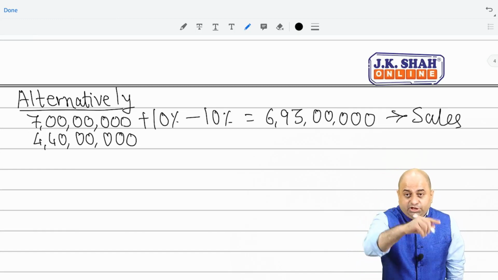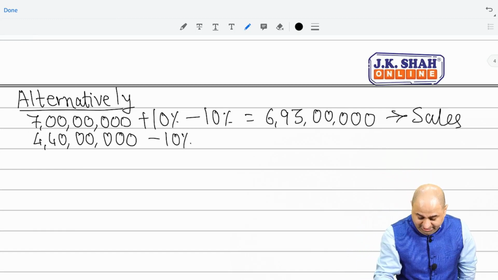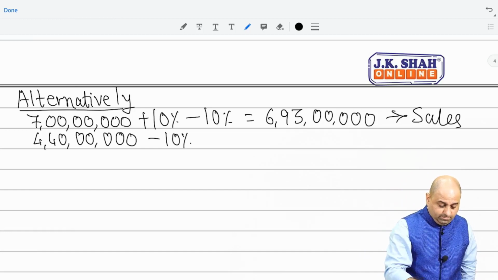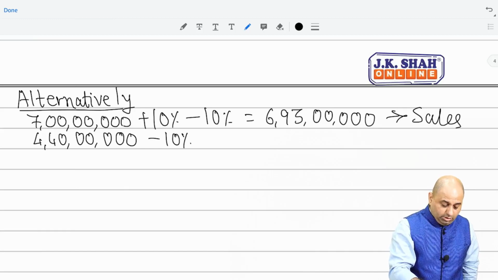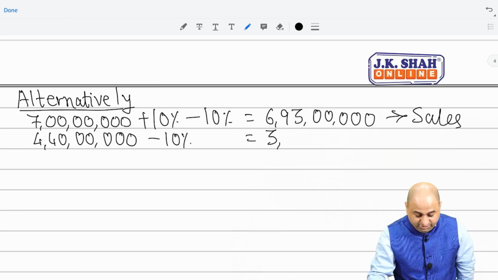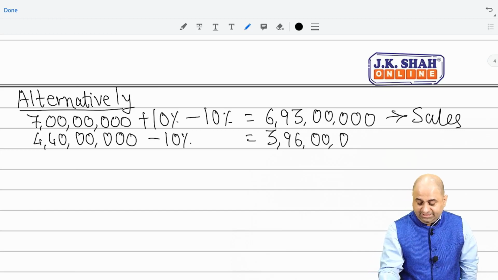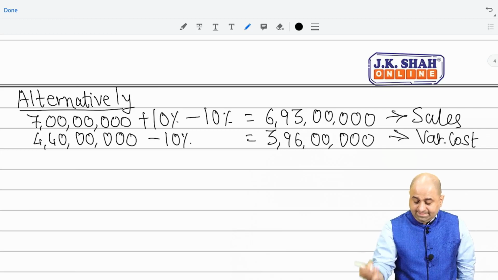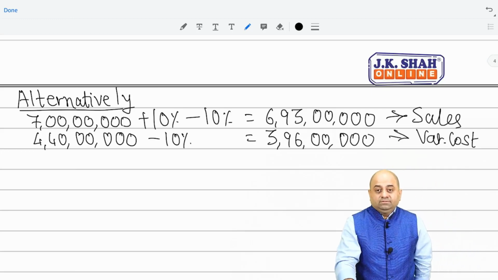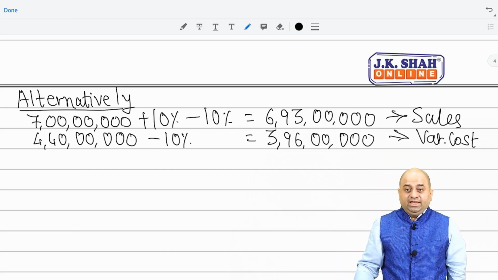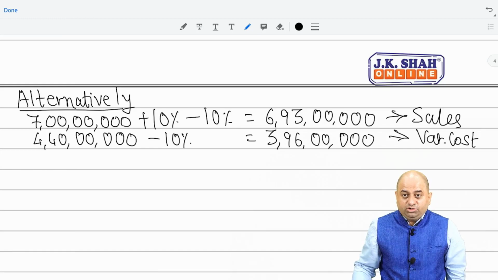Your quantity has reduced by 10%, so minus 10%. 4 crore 40 lakhs into 10%, and that you subtract, and you get 3 crore 96 lakhs. That, my dear friends, was the concept which I wanted to teach you.